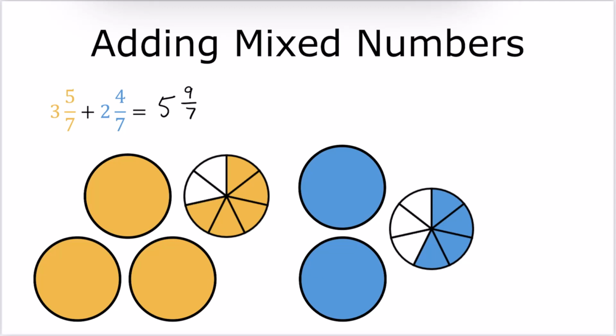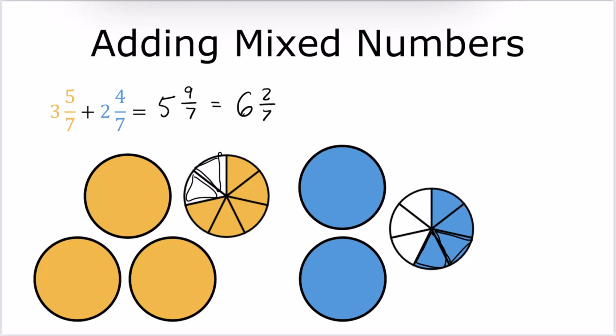However, this isn't a typical mixed number because 9/7 is actually 1 whole and 2/7. Because if I were to take these two pieces right here and add them in over here, that would give me an extra whole, and then I would have 2/7 left over. So I'm going to think about this as being 6 2/7. And that's the way that I would add those mixed numbers together.